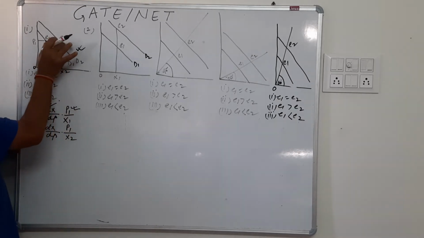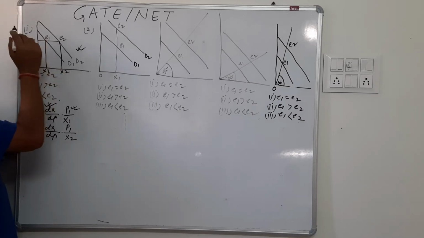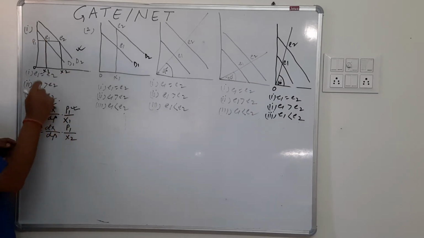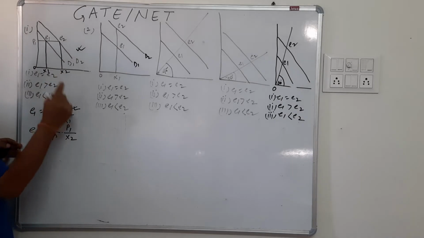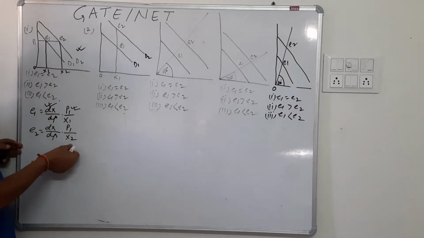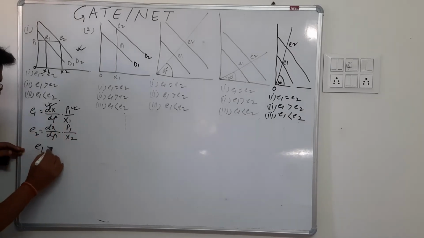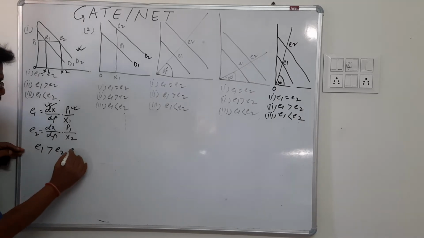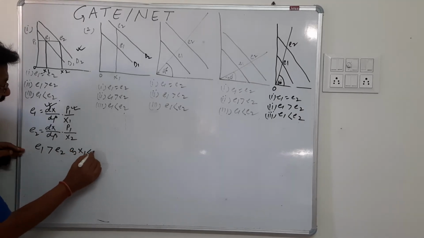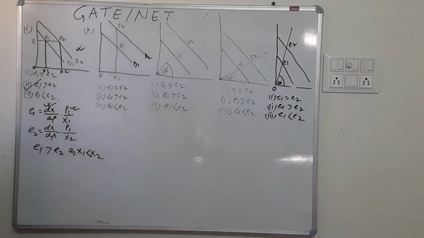Only the initial demand has changed: for E1 the initial demand is X1, and for E2 it is X2. Demand is in the denominator, so the larger the denominator, the smaller the fraction. As X1 is smaller than X2, E1 is greater than E2, so this will be the answer.